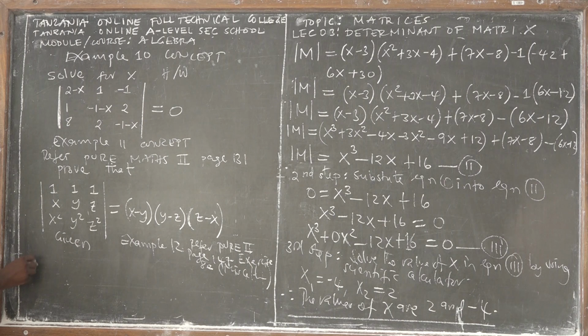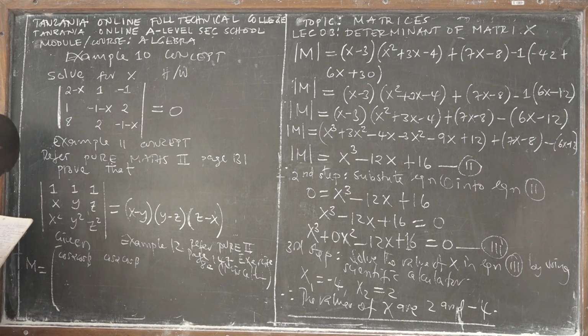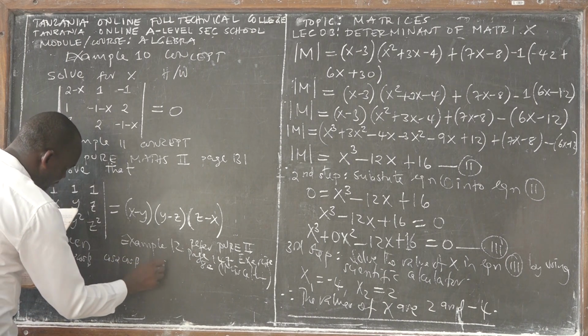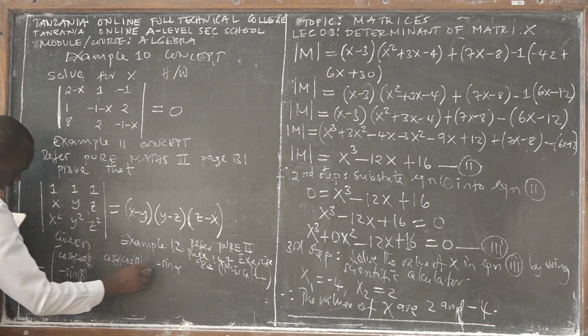matrix M, where its elements are trigonometric functions: cosine of alpha times cosine of beta, then cosine of alpha, cosine of beta, then negative sine of alpha, then negative sine of beta, that is sine of beta. Yes, this is alpha.